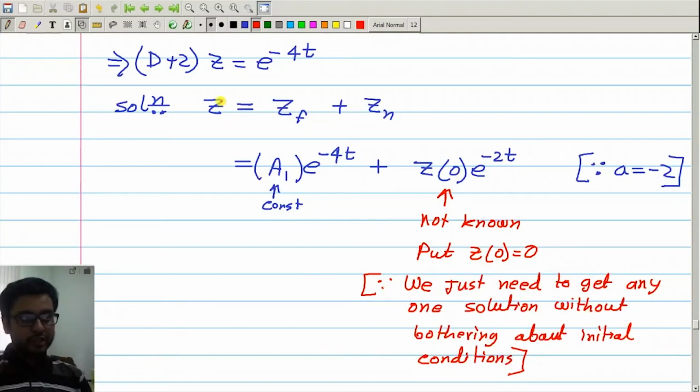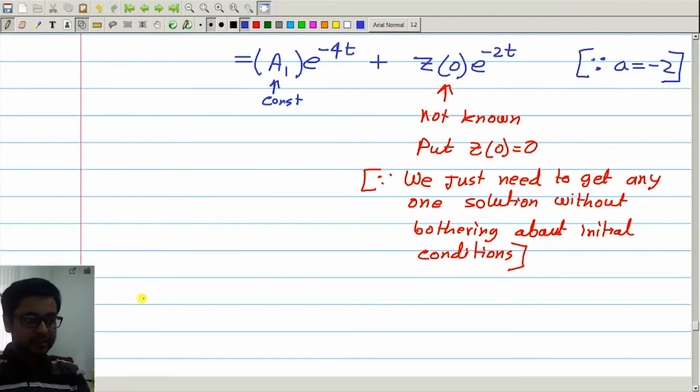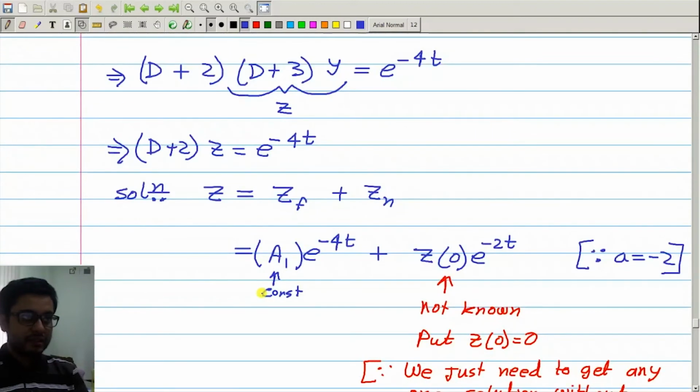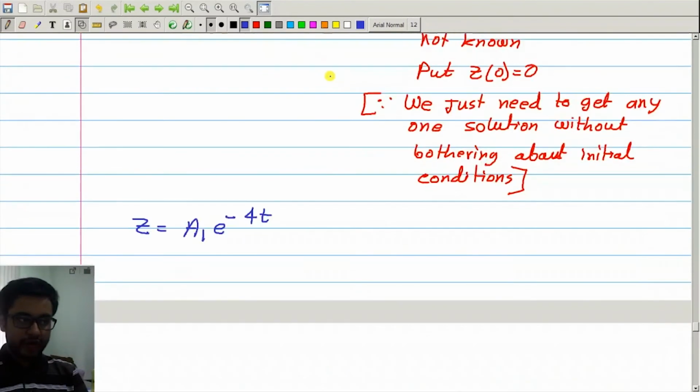So now we know that z will be of this form, a1 e to the power minus 4t. We are not even finding the exact value of a1 at this point. So let me write z is equal to a1 e to the power minus 4t, and z by definition is equal to d plus 3 acting on y.